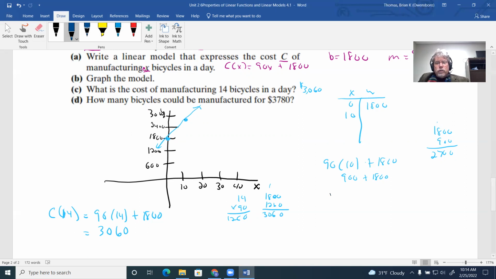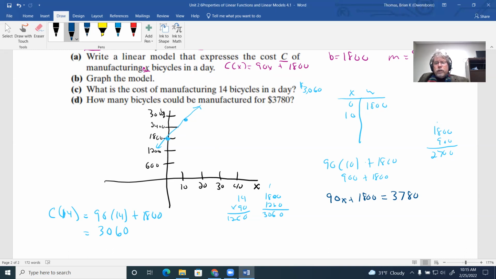So our equation would become 90x plus 1,800, and we know what the cost is now. They're saying that's 3,780. So now we're trying to find what x is given what the y value, or the output value, was.